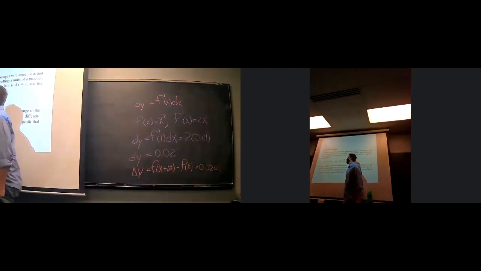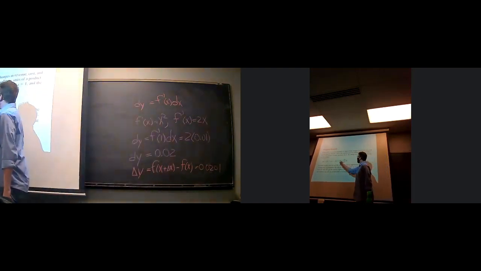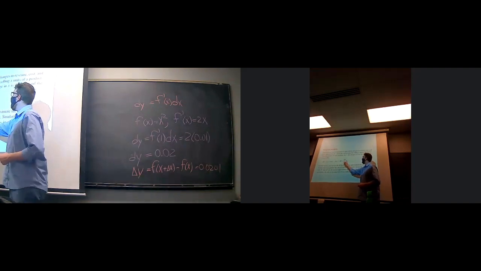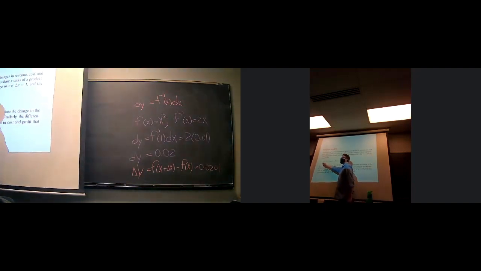So we're going to say that delta R is approximately equal to dR. So notice then, dR dx, that's marginal revenue, right? So if we approximate dx as being something small, we've already found our marginal revenue, and we can approximate what the change in revenue is going to be.